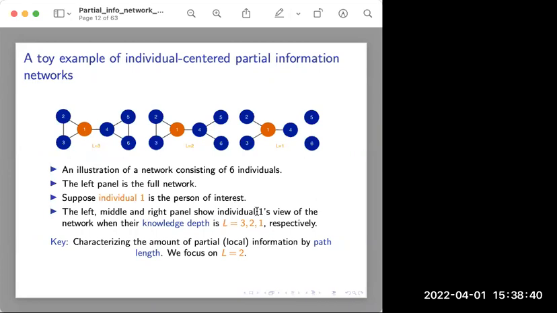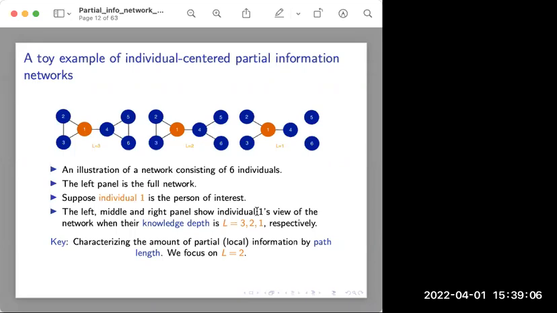Now, in our work, we're going to focus on the case L equals 2. And this is because L equals 1 just gives you 1 star, centered at individual 1, which is rather uninteresting. And the 6 degrees of separation phenomenon, which essentially says it only takes 6 steps to reach anyone in the network, means that if you take a moderately large L, you're already going to recover the full network. So that's not very interesting either.